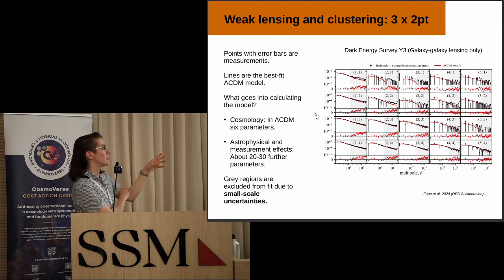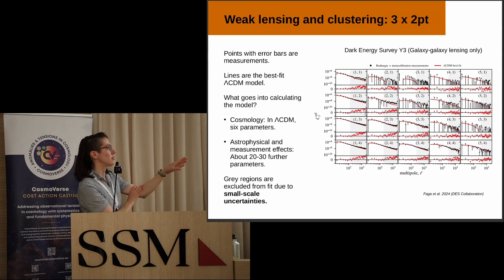Inside each square, we're in terms of L, which is an angular Fourier space variable. So the larger L are actually smaller scales. So as you go right in each square, you're going to smaller scales. Each little square is a 2-point function, and then the different squares are the different crosses between the redshift bins. So we have 1, 1 that's within the first redshift bin, 2, 4 is second redshift bin of the lenses cross 4th of the sources, that kind of thing.